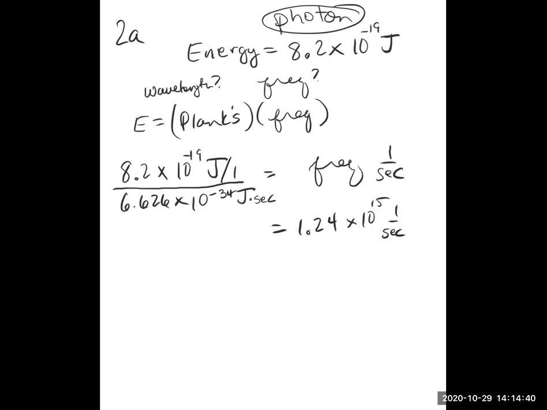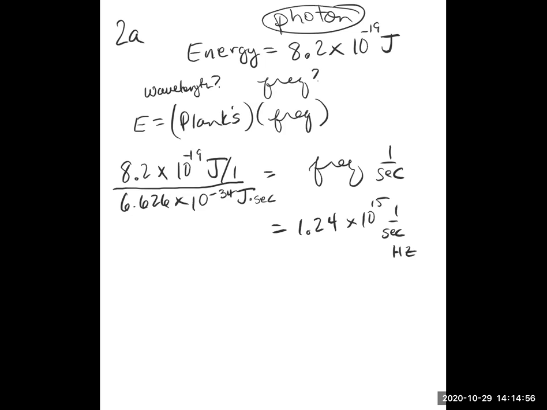I got the same as well. Cool. All right. And of course, that's hertz. Okay, so now the question is, we've got the frequency, but we can get the wavelength as well.